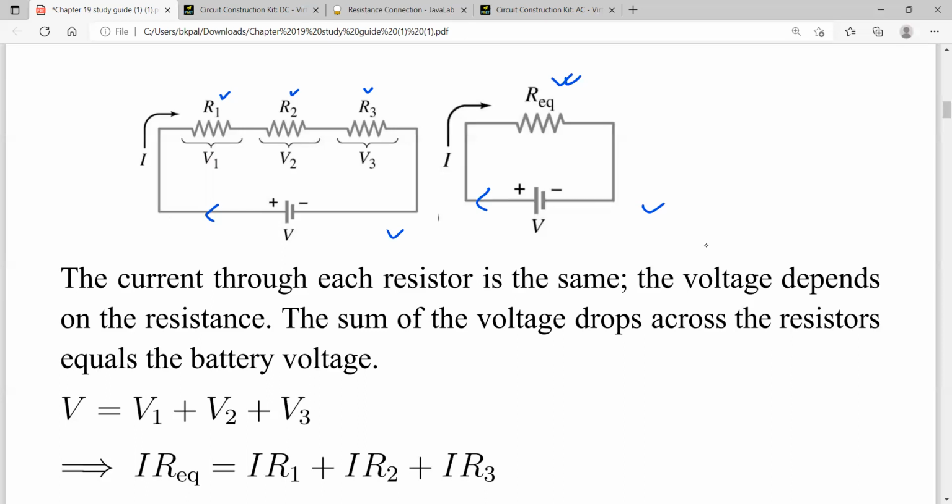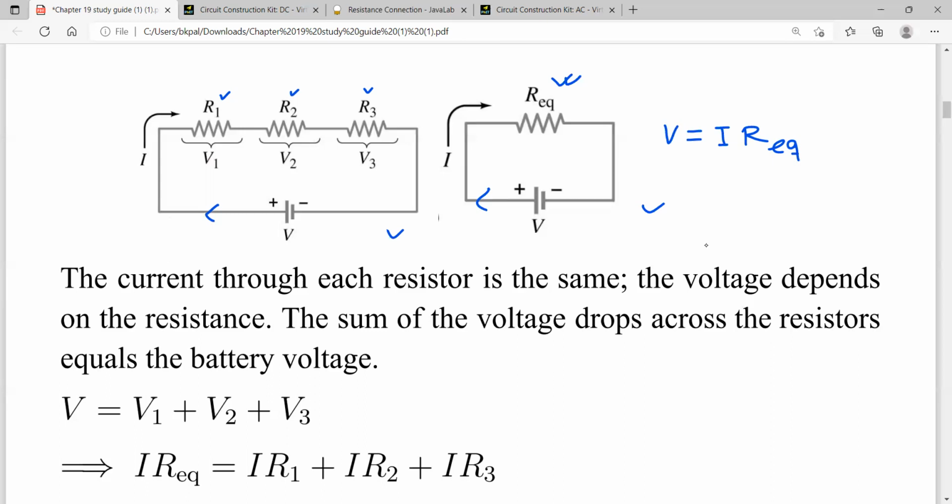Now in the right circuit, I can write V equal to I Req. In the left-hand circuit, it is a little bit different.